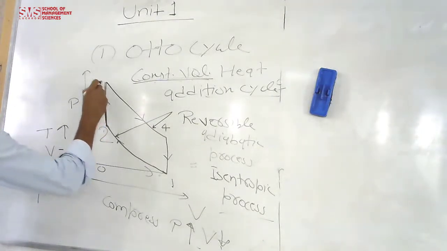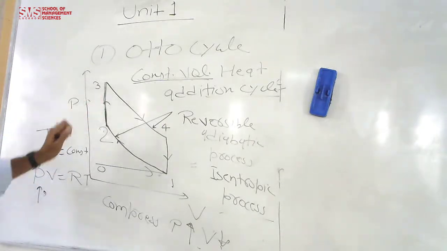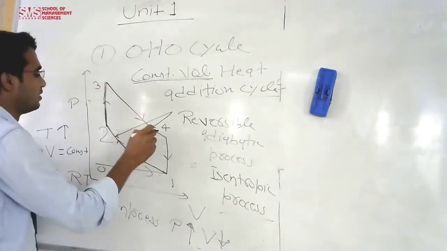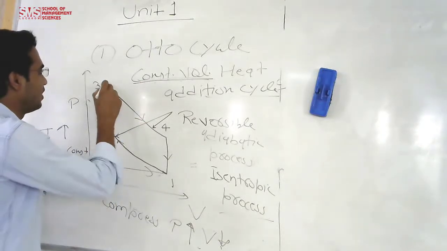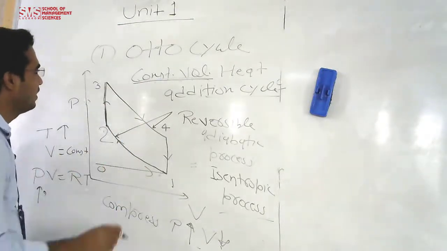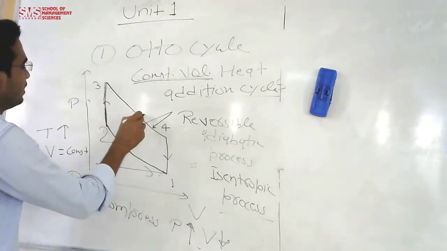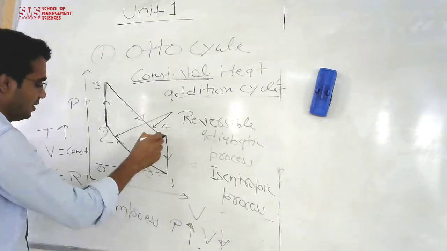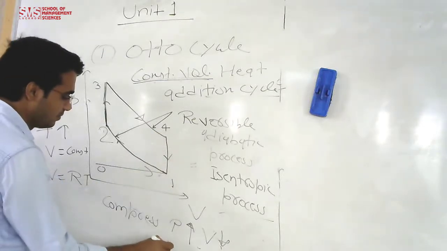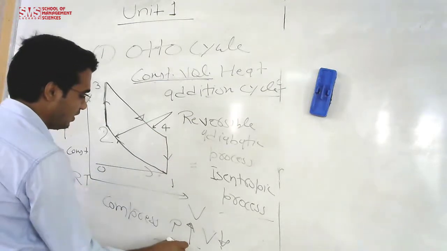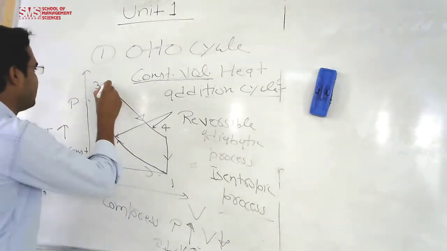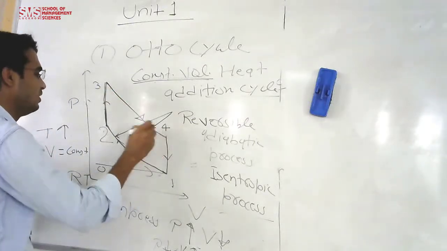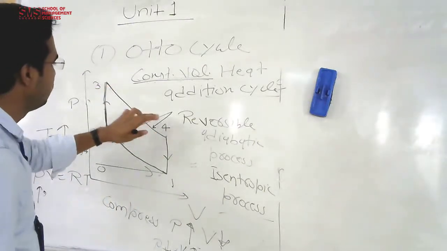See, from 2 to 3 pressure is increasing. Now 3 to 4 is the expansion process, opposite to compression. Pressure will decrease and volume will increase from 3 to 4.